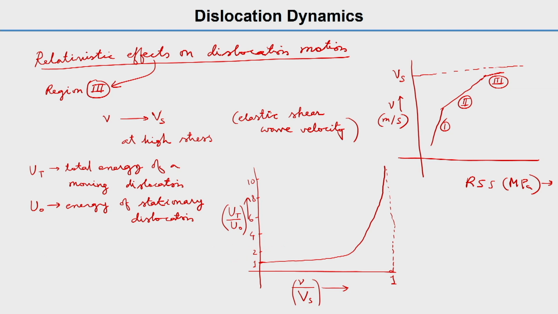What the plot says is, if you take the limit of dislocation velocity v to Vs, if it approaches the elastic shear wave velocity, then the total energy of a moving dislocation tends to infinity.